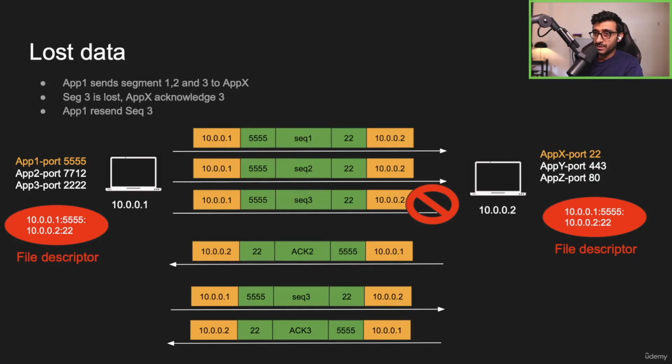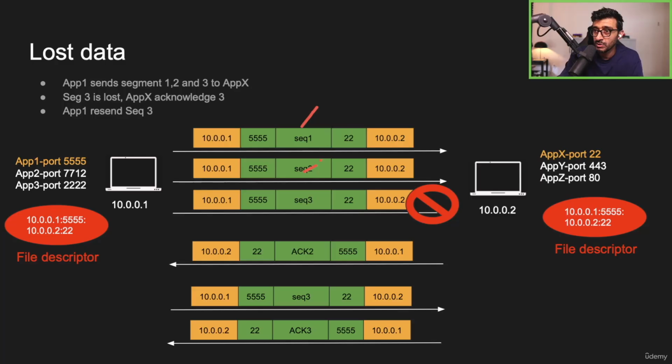Here's an example of lost data. Let's say sequence 1 was sent, sequence 2 was sent, and sequence 3 was sent, but it was never received. Let's say one router in the middle got it but failed to read the bytes, or a fluke happened and we lost it. Maybe it's corrupted, so it never forwarded it.